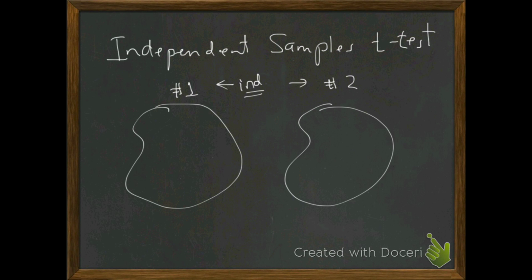In other words, the measurements that we get from population number 1 do not depend on the measurements that we get from population number 2. This thing has a mu1 and a mu2 and a sigma 1 and a sigma 2.